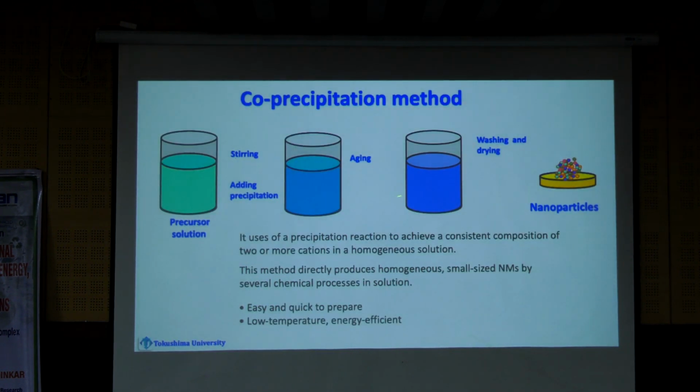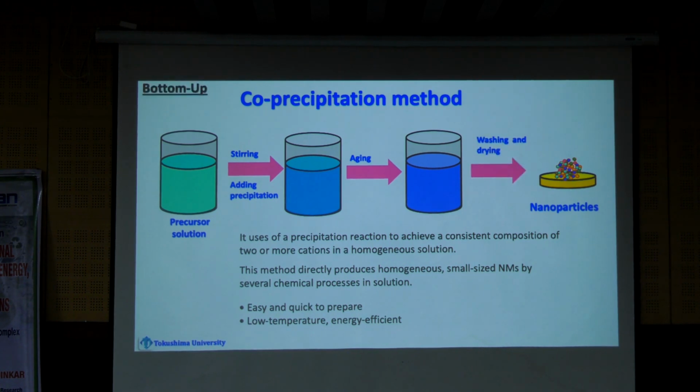Co-precipitation is a simple chemical technique. What is the difference between hydrothermal and co-precipitation? In the case of co-precipitation, you just add the solutions and mix, either stir or just age, and you can wash the solution and get the nanoparticle.